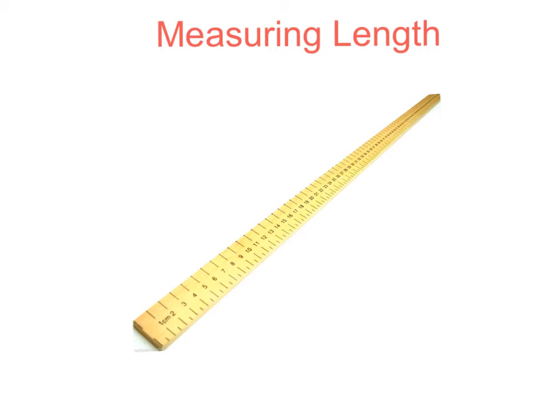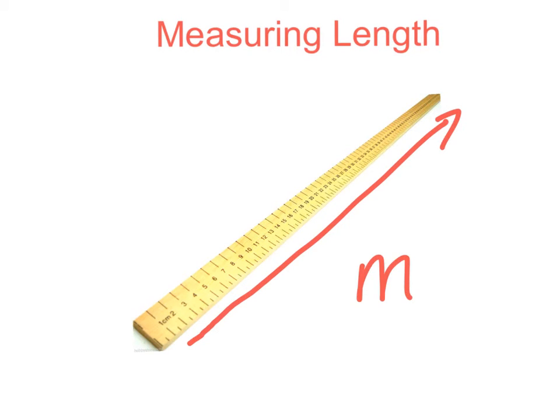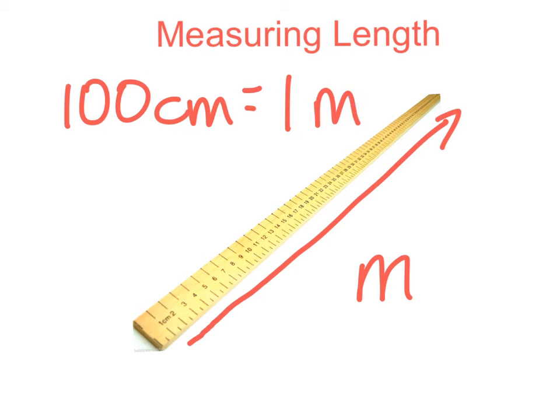We could also measure using meters. And a meter stick, if you notice here, has a lot of centimeters in it. A lot. And there are actually 100 centimeters in 1 meter. So meters are used to measure longer things like maybe the width of the door or how tall somebody is.